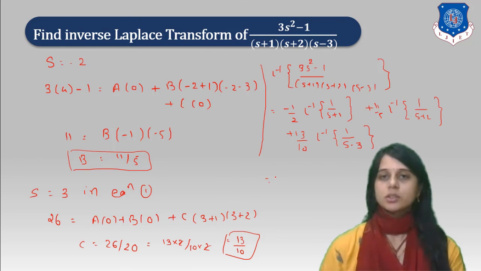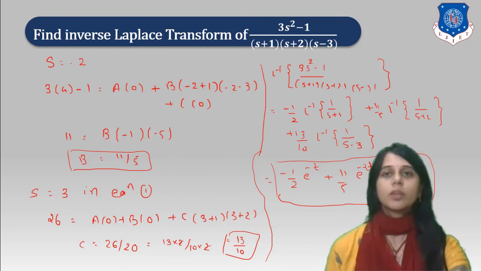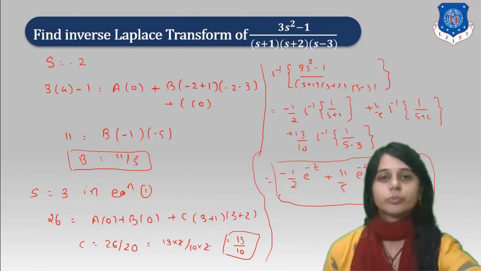So the answer is minus 1 by 2 e raised to minus t plus 11 by 5 e raised to minus 2t plus 13 by 10 e raised to 3t. This is your last answer of the example. Okay, clear? So here we have completed case 1 of the partial fraction. Okay, thank you.